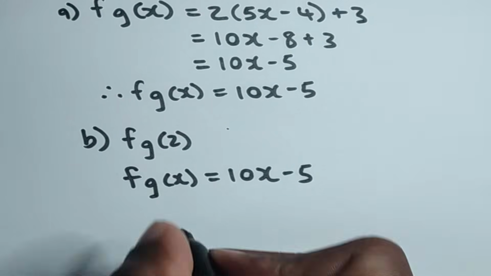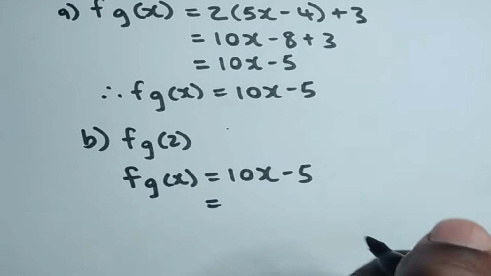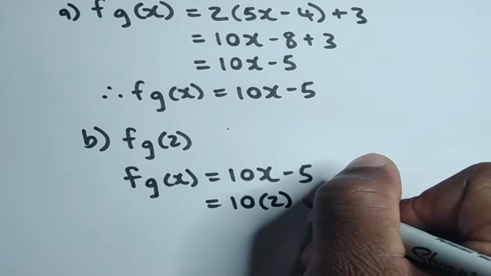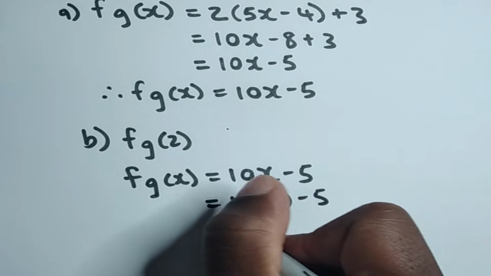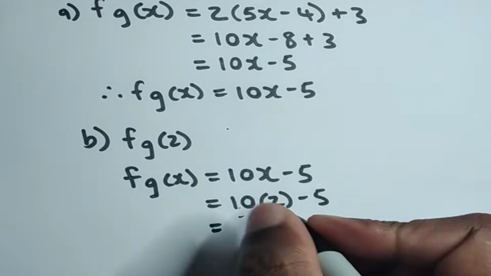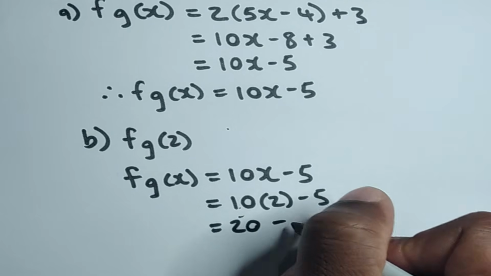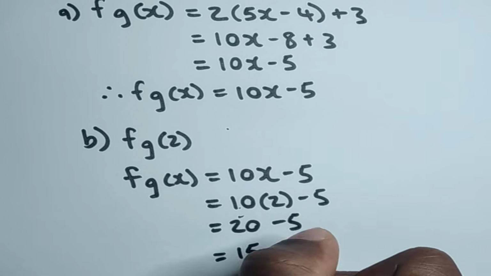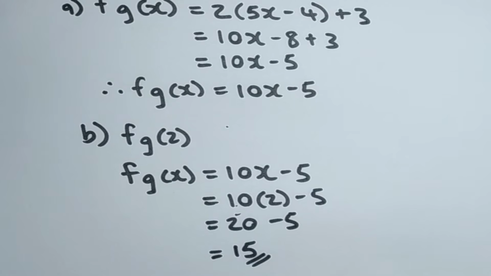And we can now substitute wherever we have x, we'll replace that with 2. So 10, replace the x with 2, minus 5. So again, the bracket symbolizes multiplication. So 10 times 2, that's 20 minus 5. So this is the same thing as 20 minus 5, which is 15. And this is pretty much how you treat with composite functions, all right?